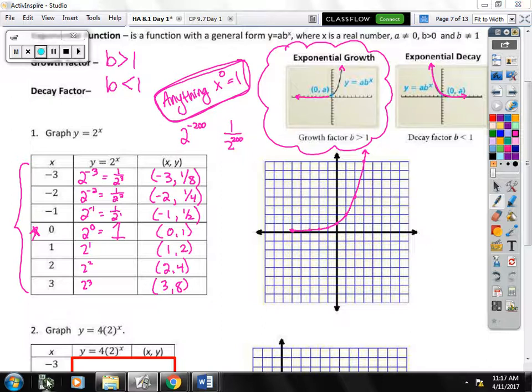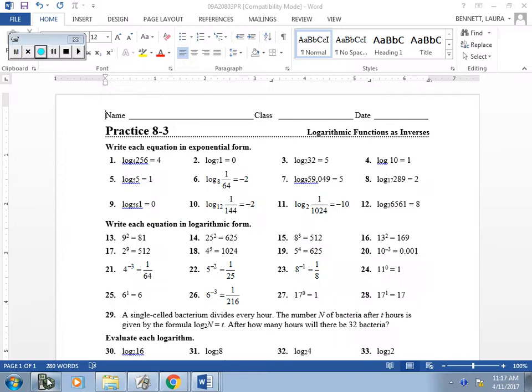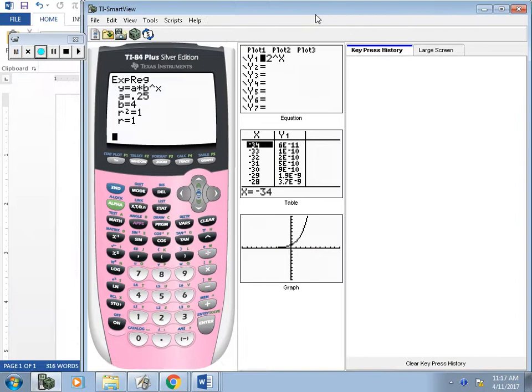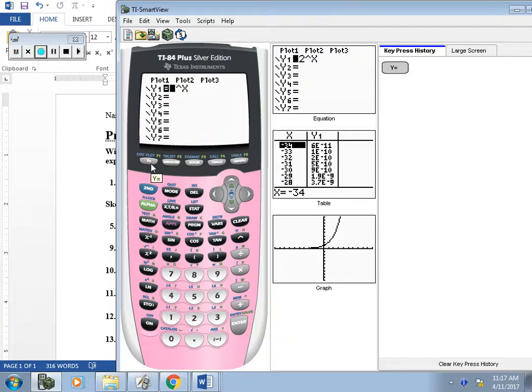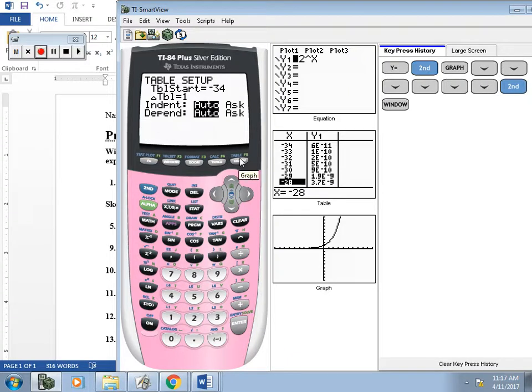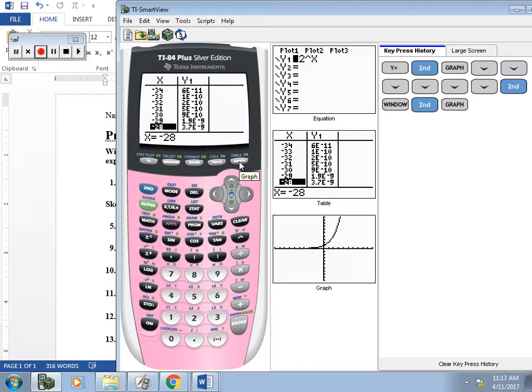Okay. Now let me show you in the graphing calculator too. We're going to need those later, but so we have 2 to the x typed in our y equals. Now if you go to your table, let me change my table set.